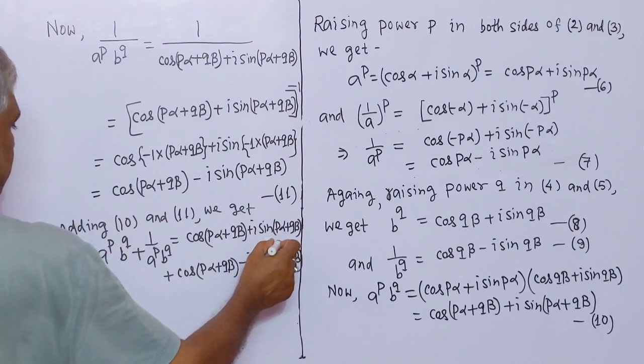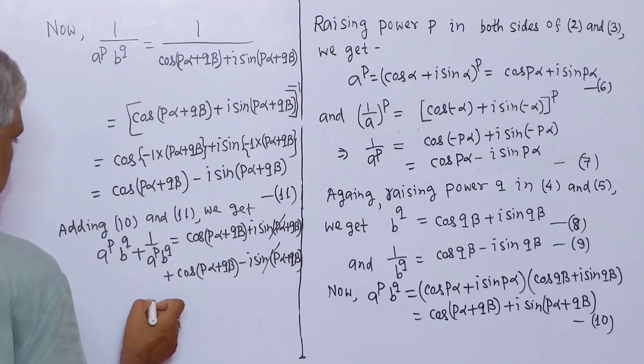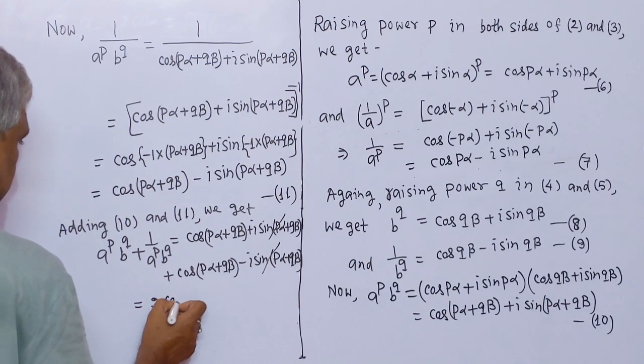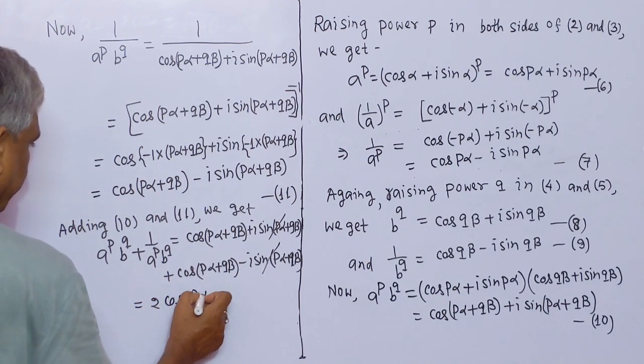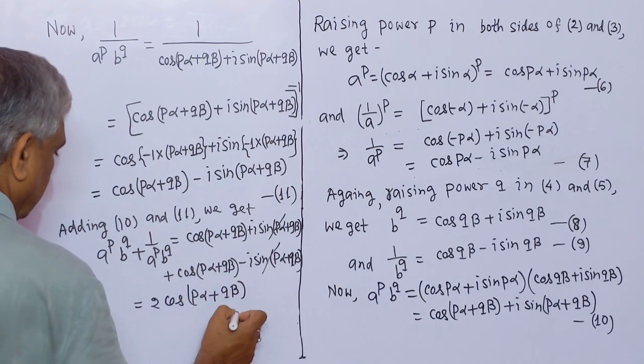Here this term and this term cancel, so this equals 2 cos(p alpha plus q beta). Proved.